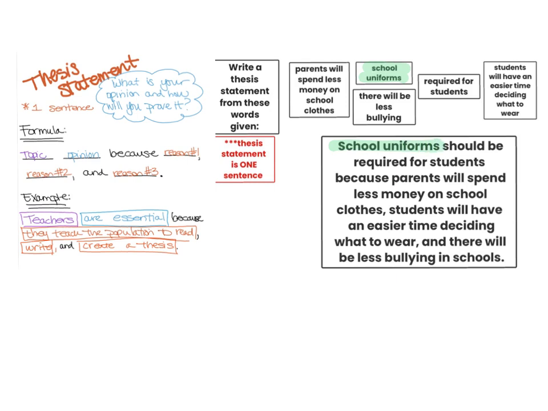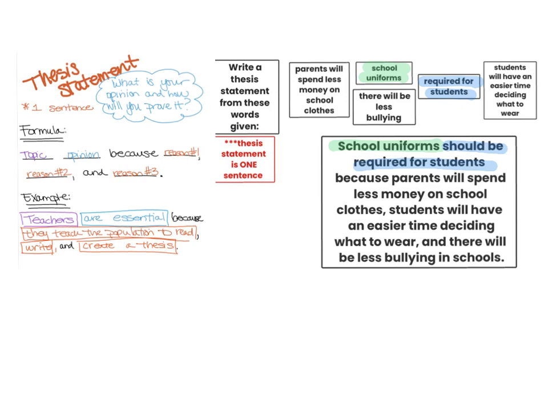Think to yourself, what is the next part? It's in blue on the thesis statement anchor chart. Correct. It is your opinion. So if you look up at the top boxes that I gave, it talks about required for students. So that's where this student plugged that in next in their sentence.